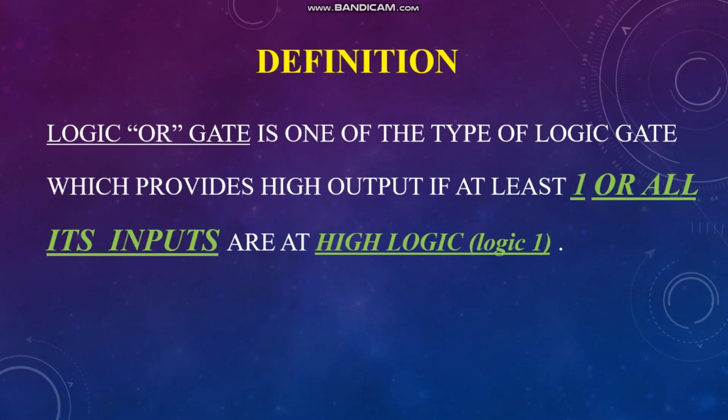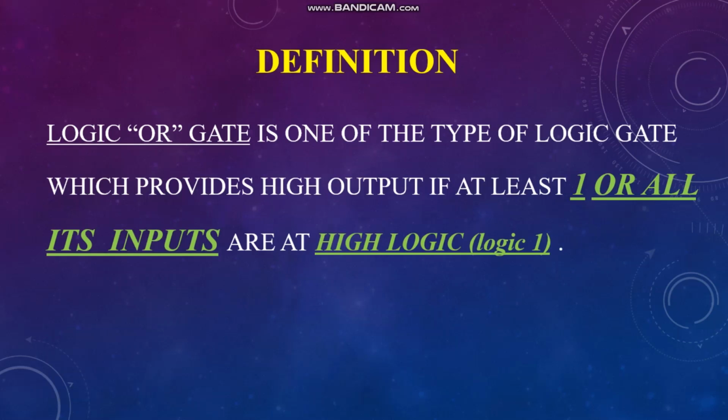The OR logic gate will give a high output if any one of the inputs or both the inputs are at high logic level. I hope this definition is clear.